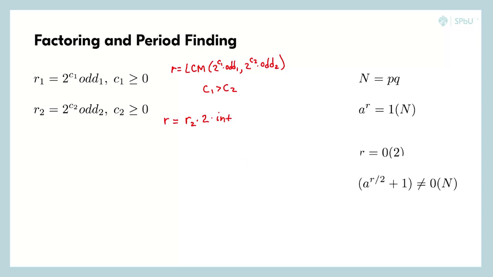Okay, what we see here is that r, in this case, when c1 is bigger than c2, or maybe c2 is bigger than c1, r is even, and our first condition is met.